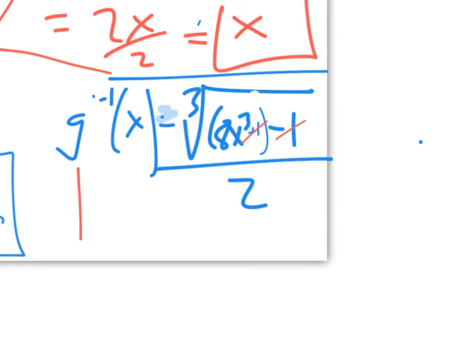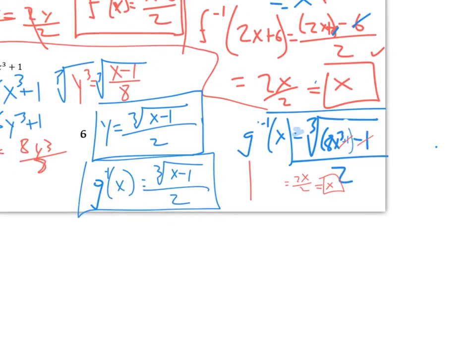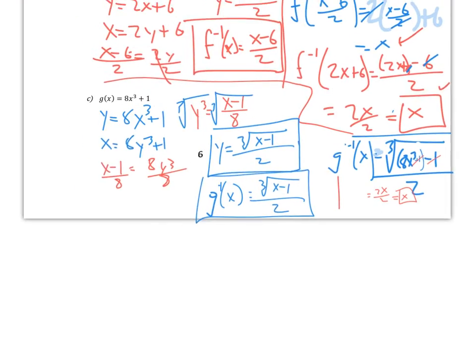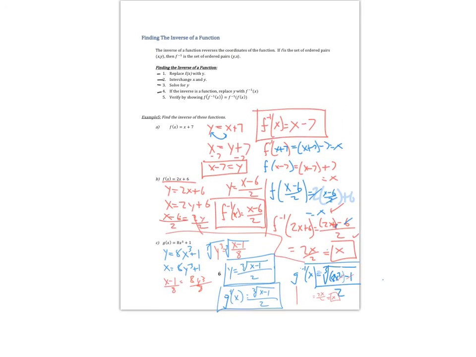And we have the cube root of 8x cubed, and that's just going to be 2x, right? So this is 2x over 2, which is x. All right. And if we do it the other way there, it'll work out also. So that's how we use that and test that, all right?